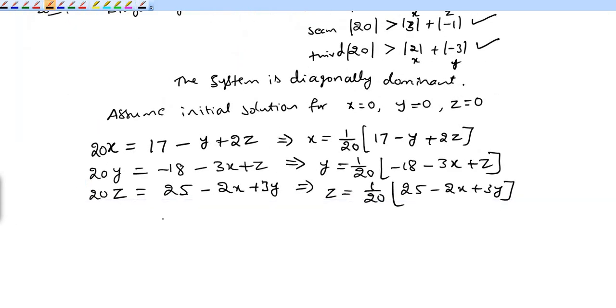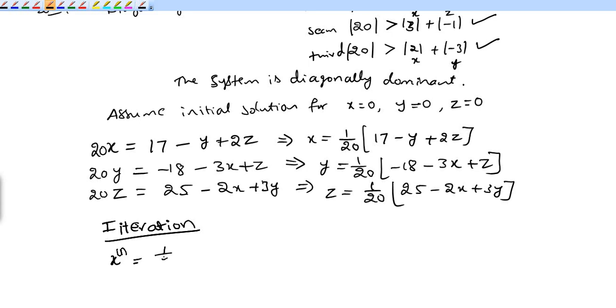Then after that, first iteration. In this, since we have taken the default values as 0, x0, y0, z0, in the first iteration we write like this. x1 means first iteration.